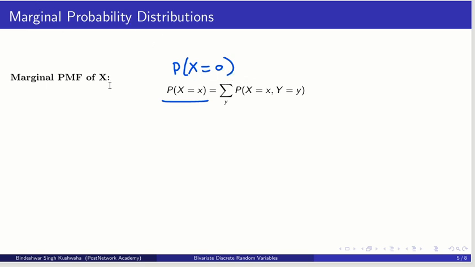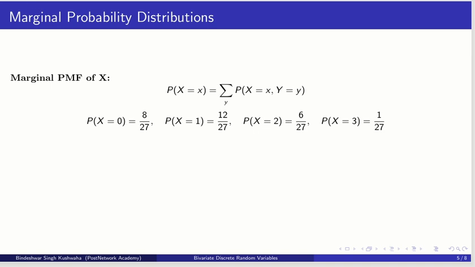We'll see the example. So for X equal to 1 we will add all, X equal to 2 and X equal to 3.